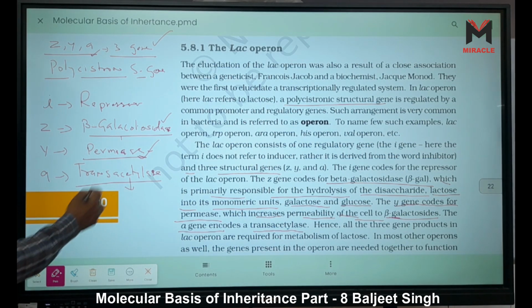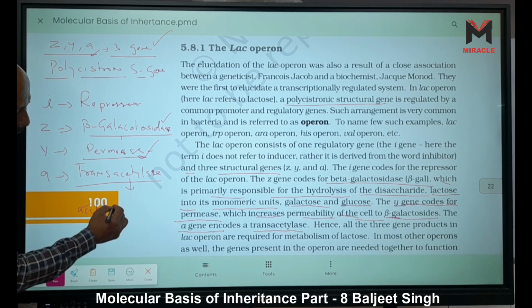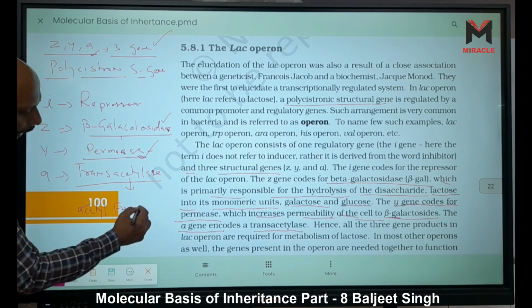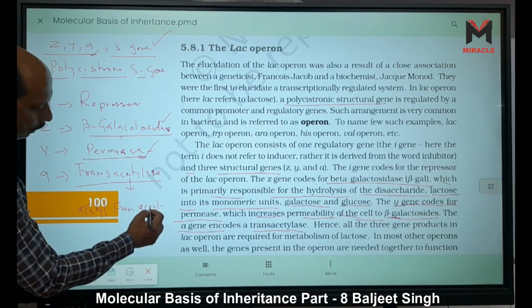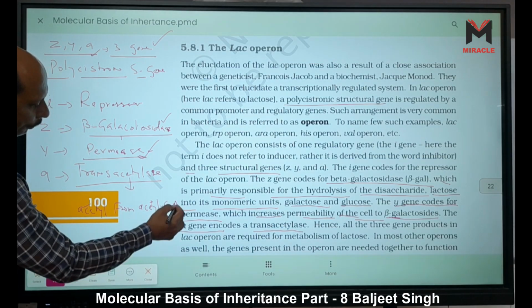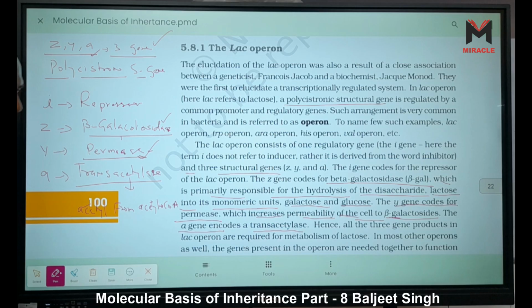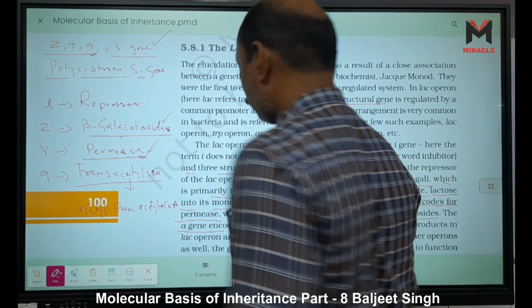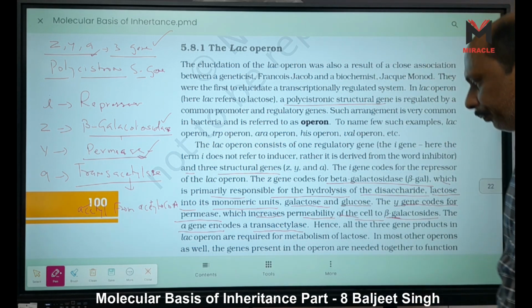It is responsible for the transfer of an acetyl group from acetyl CoA.